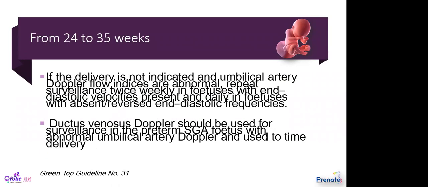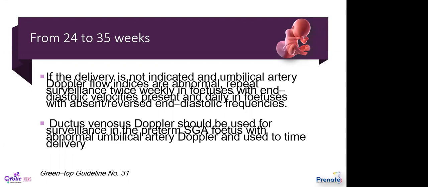From 24 to 35 weeks of pregnancy, if the delivery is not indicated and the umbilical Doppler indices are abnormal, repeat surveillance twice weekly in fetuses with end diastolic velocities present, and daily in the fetuses with absent or reversed end diastolic velocities.